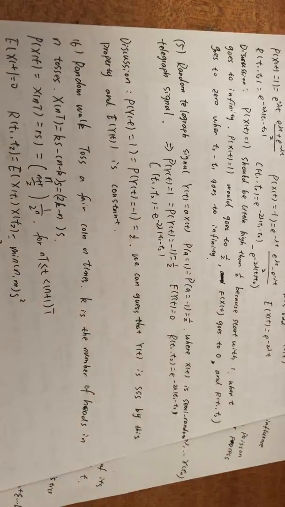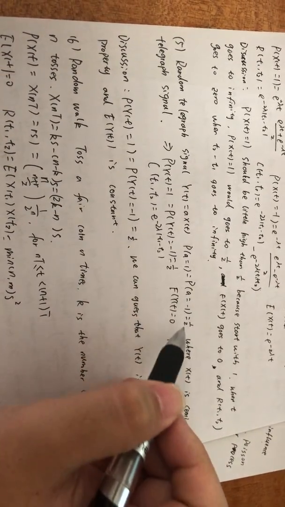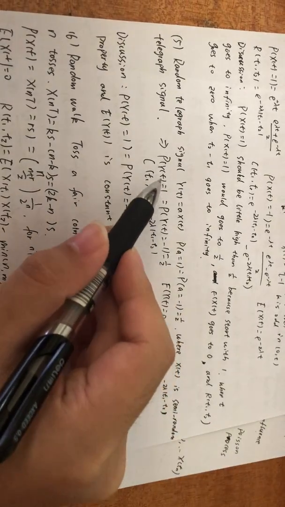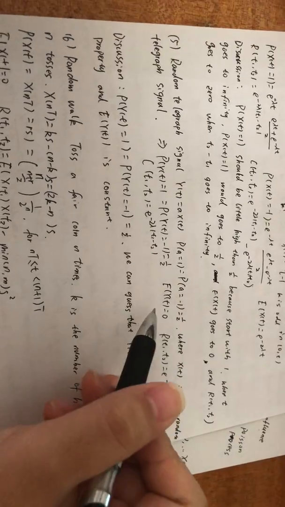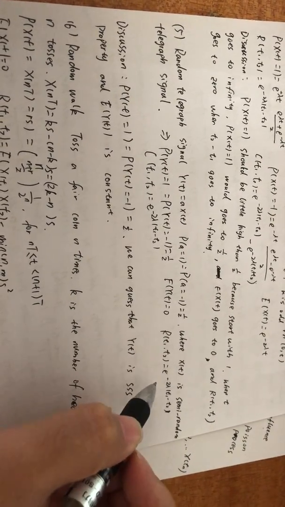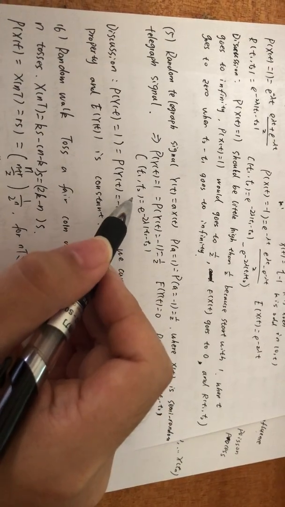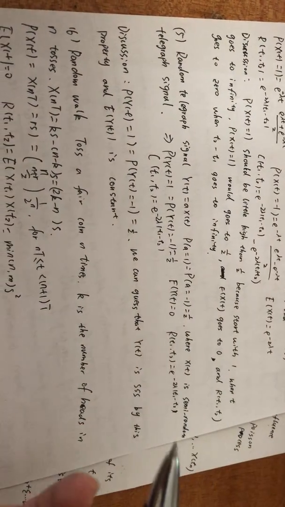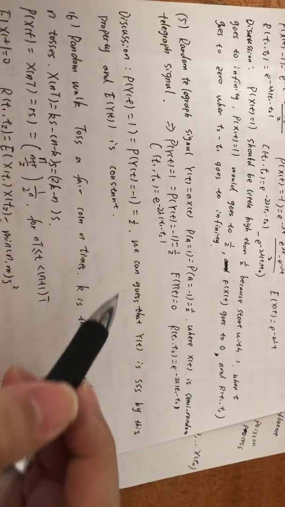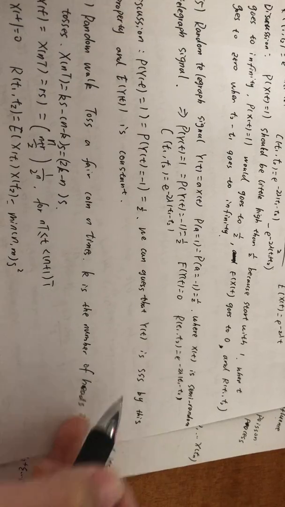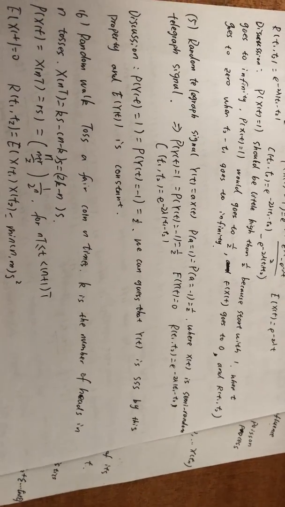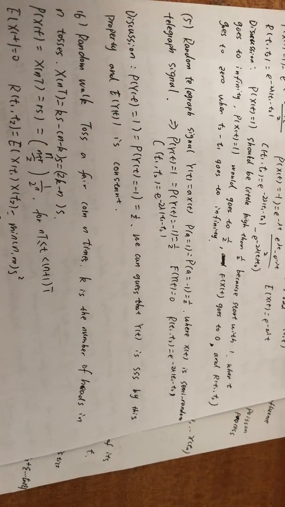This one is similar to the last one, just give a constant coefficient before the X(t), and we have the probability equal to 1/2, where X(t) is the semi-random telegraph signal, and we have Y(t) equal to 1, also equal to 1/2, and we have mean equal to 0, and we have almost the same autocorrelation, but it is different for the autocovariance. And from the properties, we can guess that Y(t) is SSS, which means strict-sense stationary process.